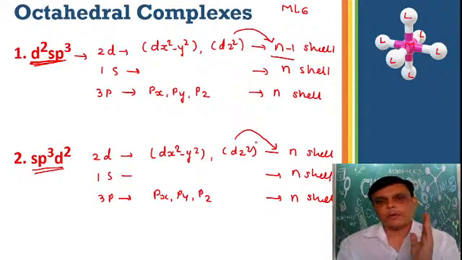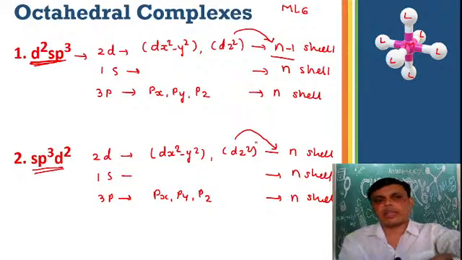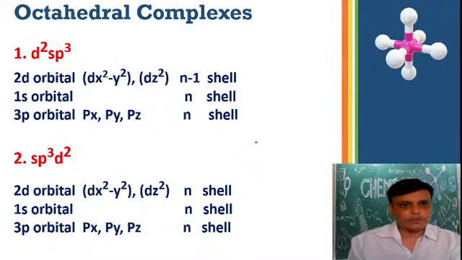Until then just remember that in d2sp3 the d orbitals are from the n minus 1 shell, and in the second type, sp3d2, the 2d orbitals are from the n shell. Okay, have a look once more.